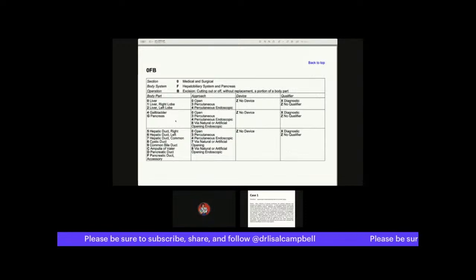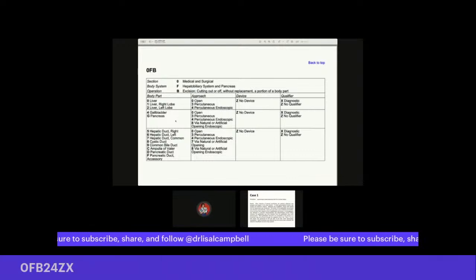My fourth character is a 2 for left liver lobe. This procedure was done percutaneous endoscopic. Of note, sometimes they will do two procedures at one time and it's by different approaches. So you have to follow the surgeon's hand. All right, no device, no qualifier.